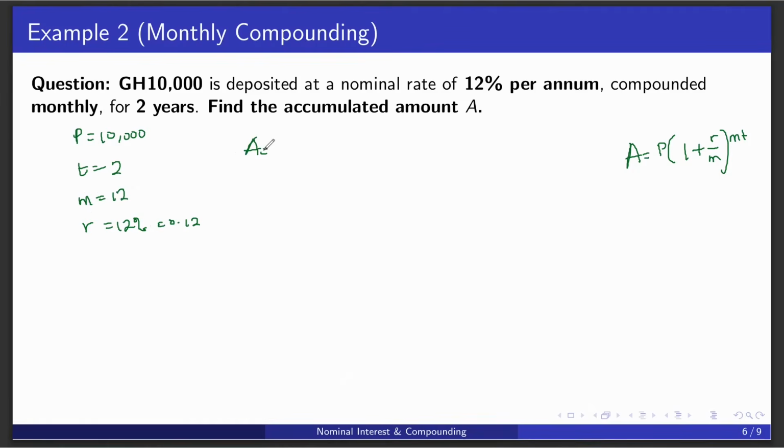Therefore, A is equal to 10,000 times (1 plus R, 0.12 over 12), raised to the power M times T, so 12 times 2. This goes on to become 10,000 times 1.01 raised to the power 24.